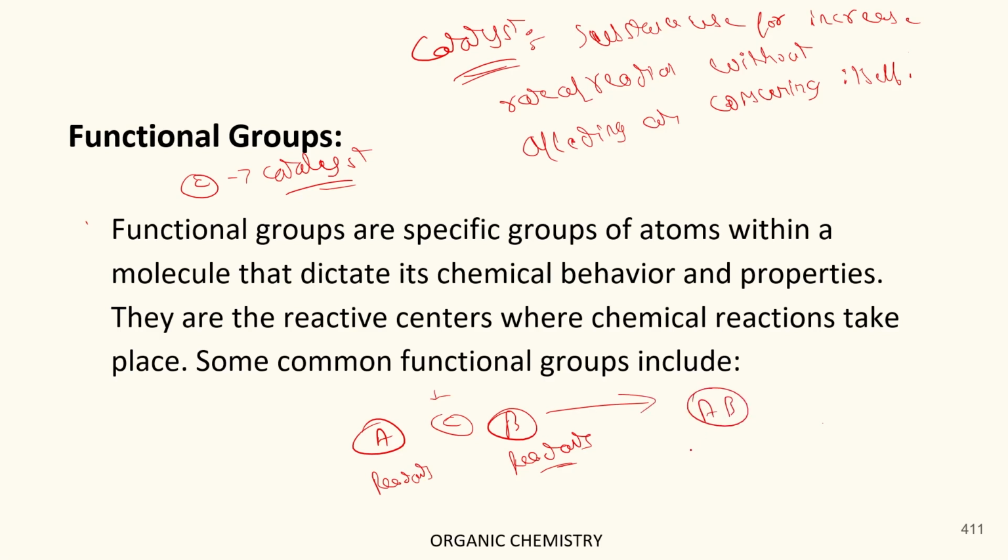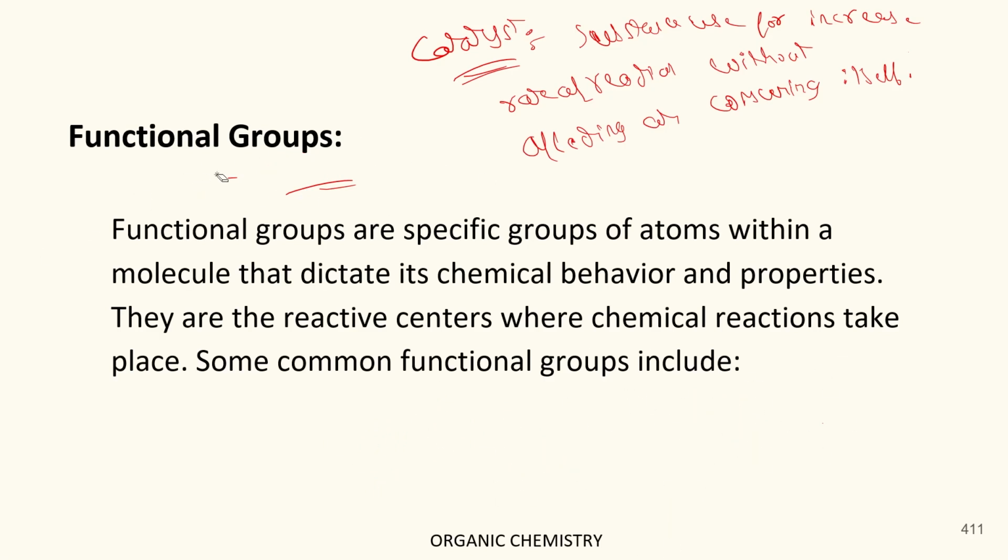Then the product which you will get is from A and B. But remember, here you have put three things, A, B and C, but you are only getting the products of A and B, because a catalyst is generally used to increase the rate of reaction but not to get consumed or affected itself. So C will raise the rate of reaction but it will not get consumed on its own. Got it? So that's why instead of getting A, B, C, you are getting only A and B, because C is not affected by this reaction. Got it? So it is an example of the catalyst.